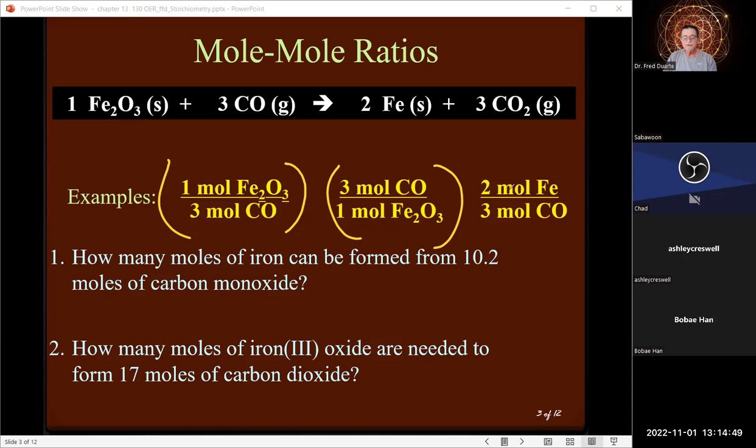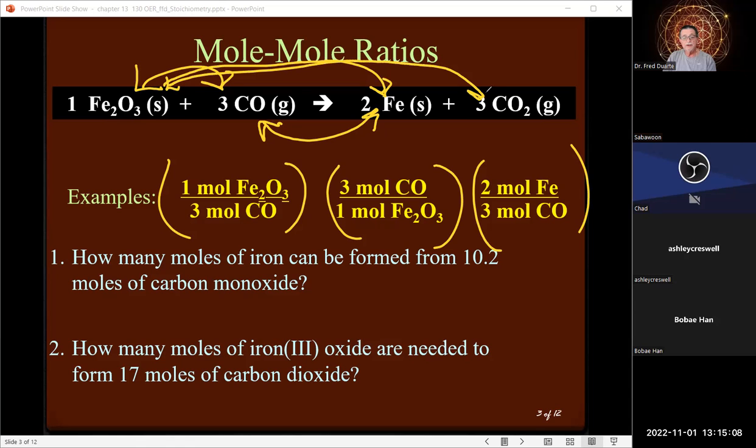And then this one here is the relationship between the iron and the carbon monoxide. And don't forget, you have a total of this relationship here, that's 1. And then you have this one, that's 2, 3 relationships, 4 is here, 5, and then between the products, 6 different mole ratios that you have to work with here. And which one you use depends on the question asked.